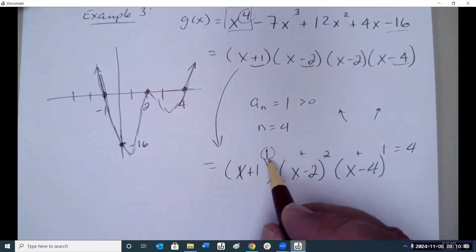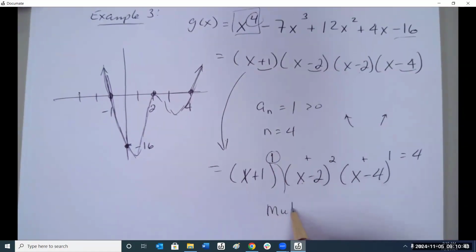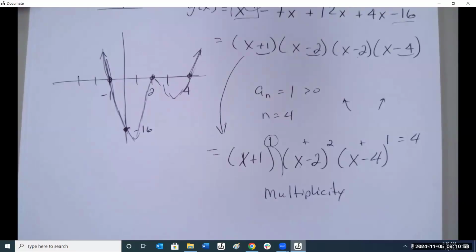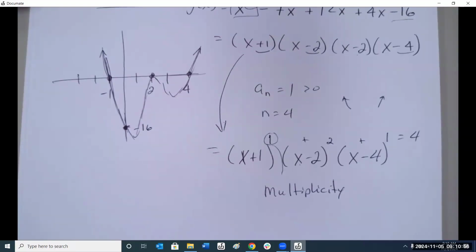These numbers here are called the multiplicities. It tells us how many times that answer repeats itself. But here's a more important thing about it.